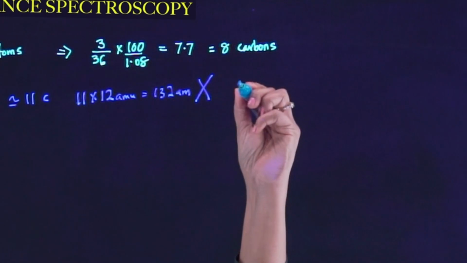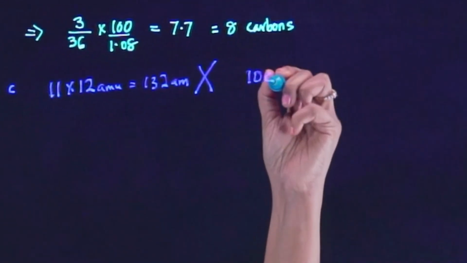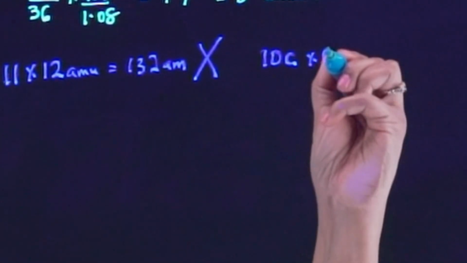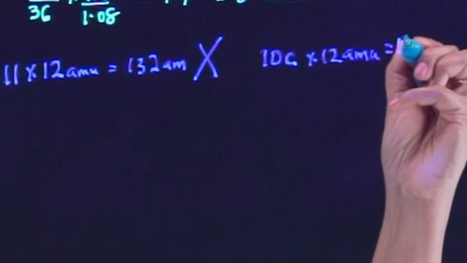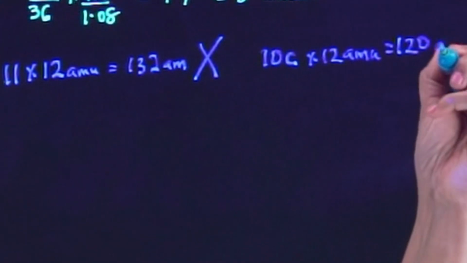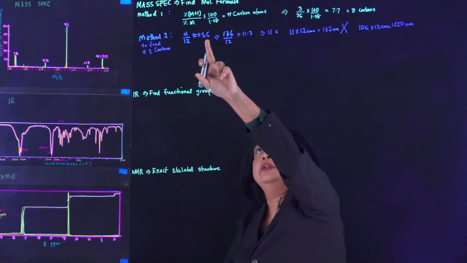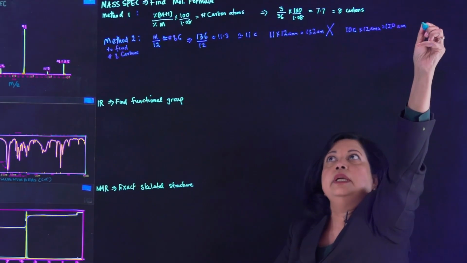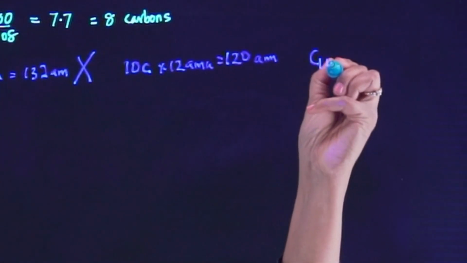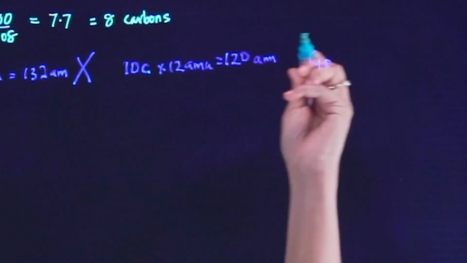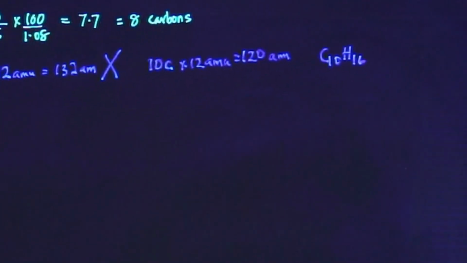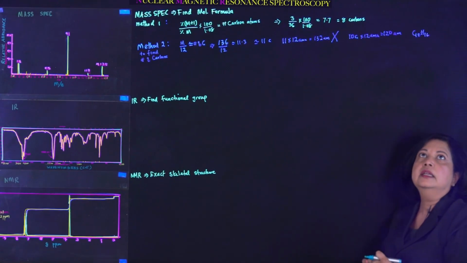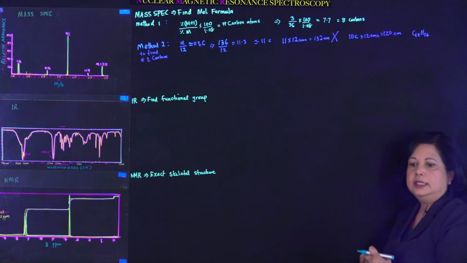That is going to be 120 AMU, but we have 136, so it's going to be C10 and H16. That could be a possibility. Let's see what else is possible.